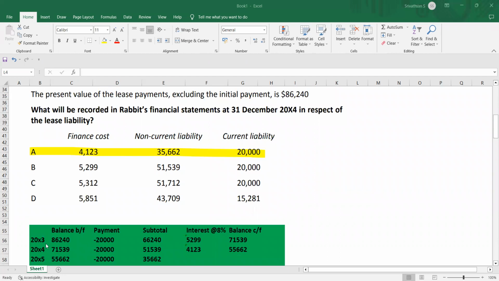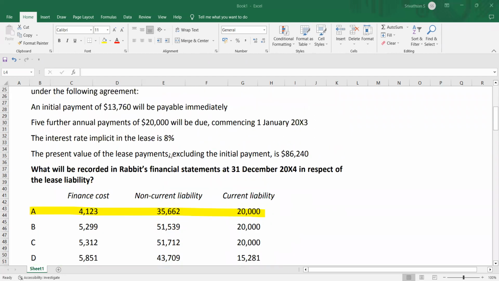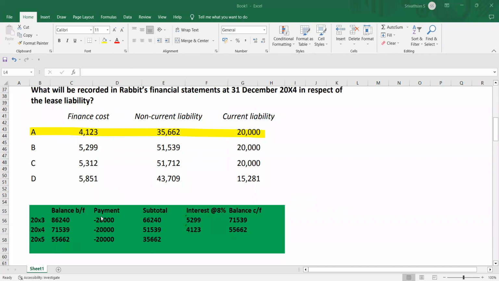The payment made on 1st January 2013 should be deducted, and the subtotal comes to 66,240. And you need to apply the 8% interest on this subtotal. You apply the 8% interest, and you get 5299.